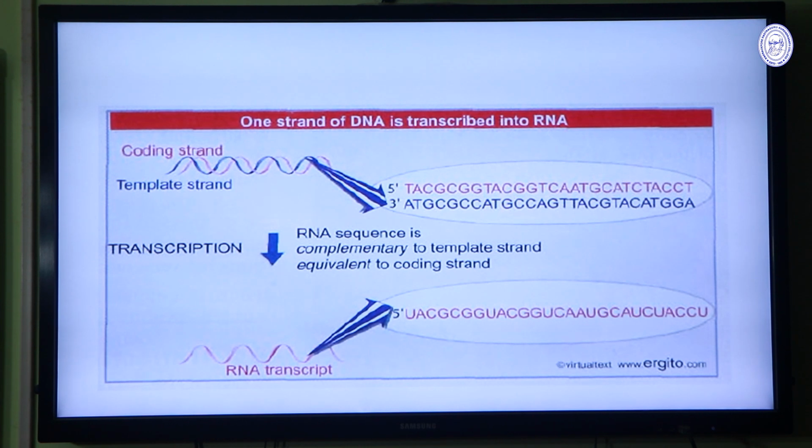Now, you can see the RNA sequence is complementary to the template strand and that is equivalent to the coding strand, except uracil is incorporated in place of thymine, as in the first base from the 5' end. So, in this way the new RNA transcript is being made.